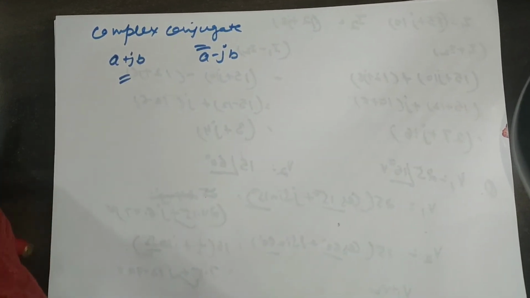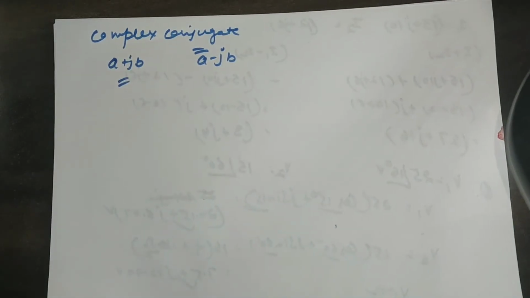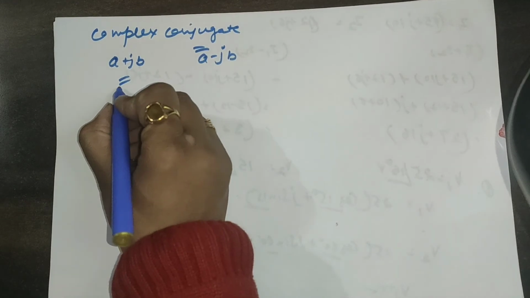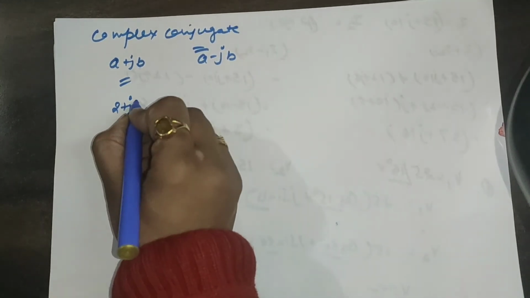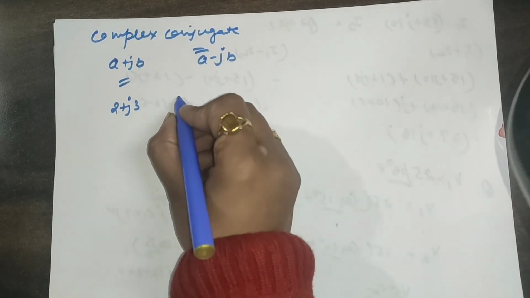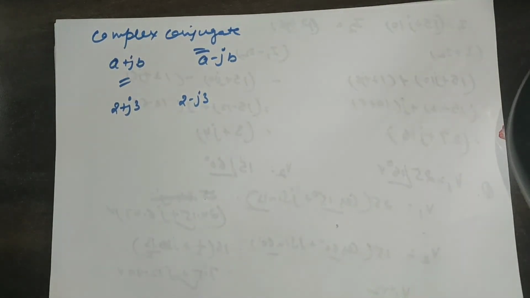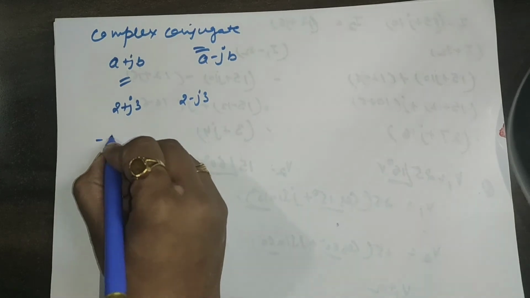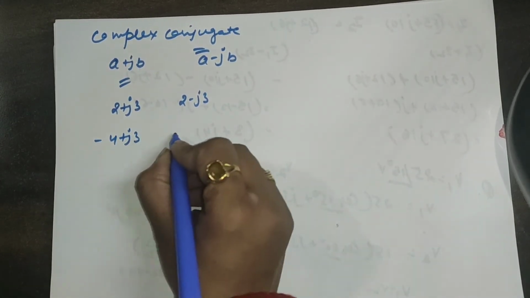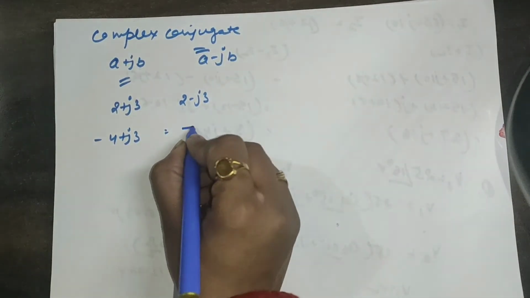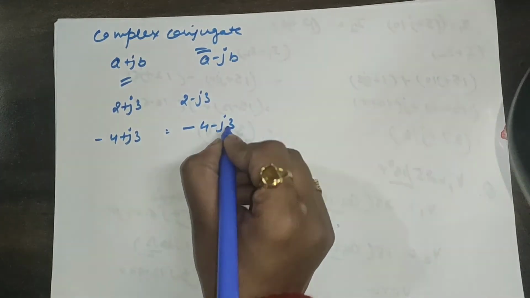Let's take one example: suppose 2 plus j3 is a complex number. Then 2 minus j3 is the complex conjugate of this number. For minus 4 plus j3, the complex conjugate will be minus 4 minus j3.